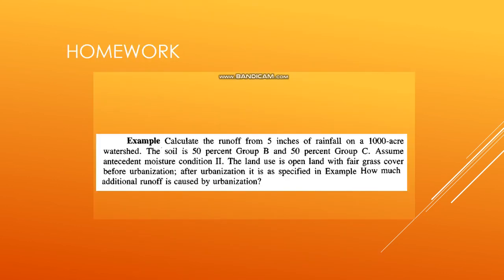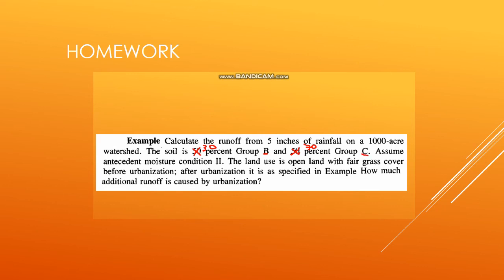The homework is we are gonna do the same thing, same example, but instead of 50% of group B, let's take 30% of group B and 70% of group C, okay?